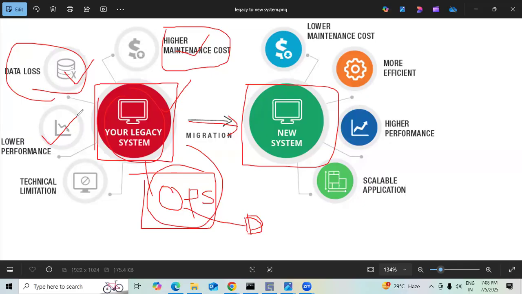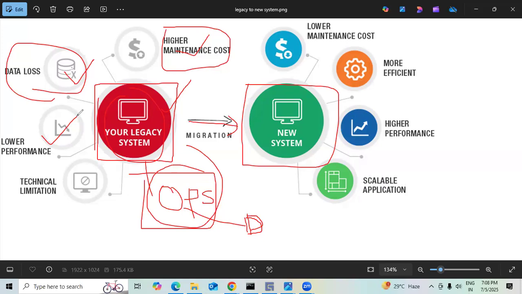When the load is more on the server, application performance, I'm talking about speed and accuracy, may come down because there is no scalability. Scalability issues come in, so you have to be scalable. The application and servers we are using should be able to balance the load of the data.